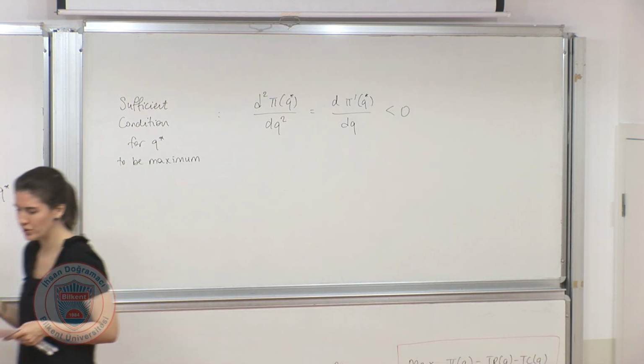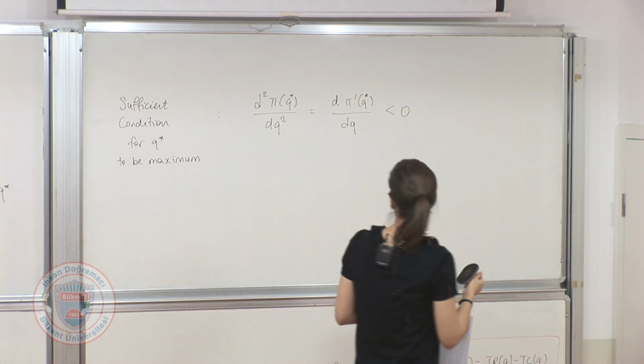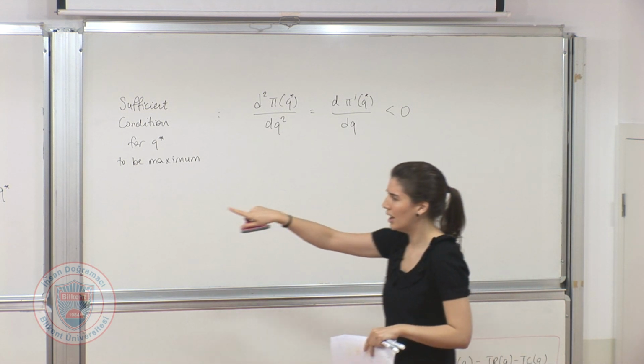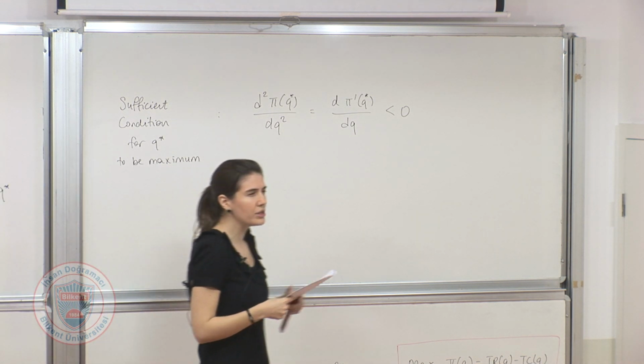Now let me draw the graph again. But before that, because drawing it might take a little bit of time, let me talk a little bit about marginal revenue. So what is marginal revenue?